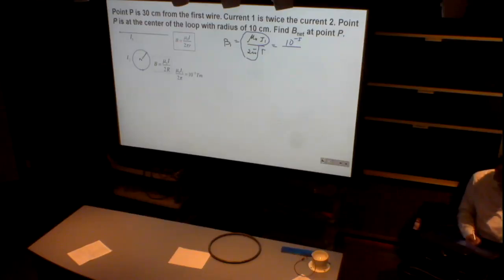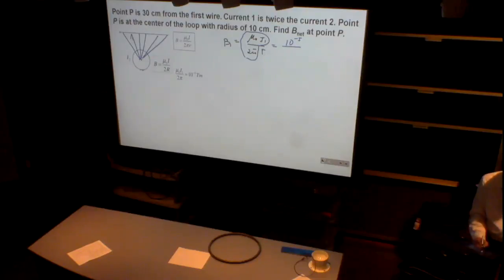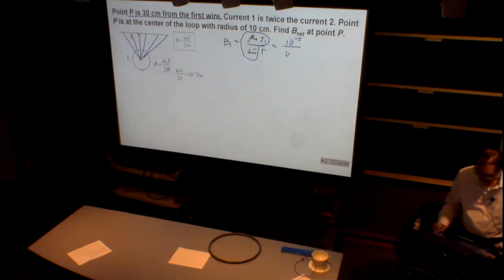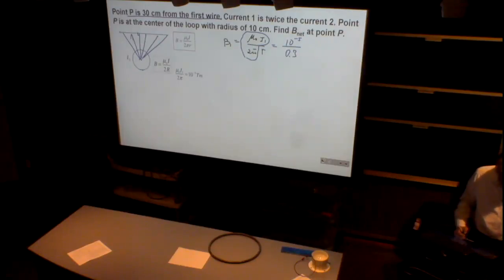Many different lines could be drawn connecting a point and a wire, actually infinitely many. So when we say point P is 30 centimeters from the first wire, what does it really mean? The shortest, always, which is perpendicular. And the 30 centimeters has to be converted into meters, 0.3.